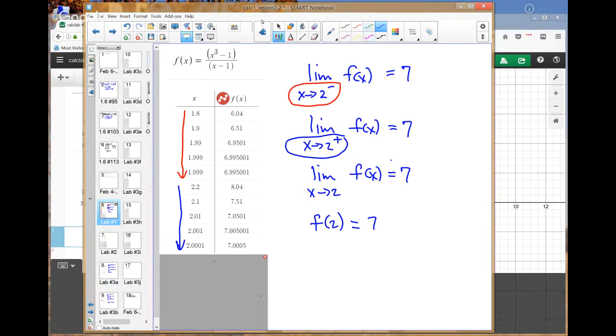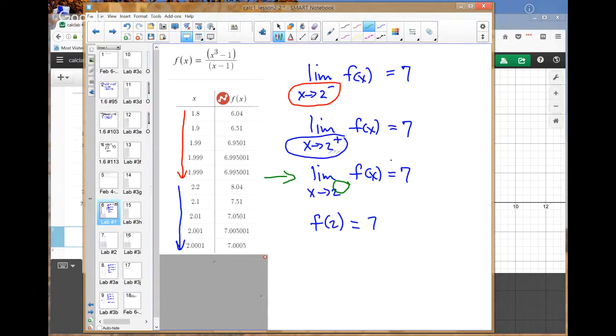And then we learned an important truth here by the green arrow, that when a left and a right hand limit, approaching the same number from the left and the right, agree, then we say the limit of the function as x approaches 2, there's no sign here, is 7.